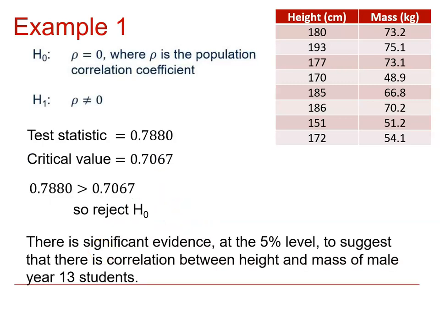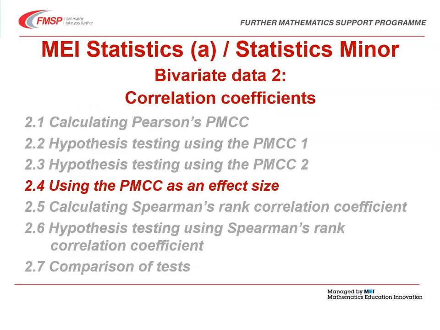And so we finish with our conclusion that there is significant evidence at the 5% level to suggest that there is correlation between the height and mass of male Year 13 students. We must always make sure that we include significant evidence or equivalent. We cannot be certain that that is the case, but there is evidence to suggest so. In our next video, we're going to be looking at the product moment correlation coefficient as an effect size.